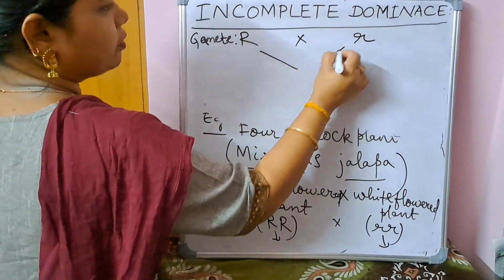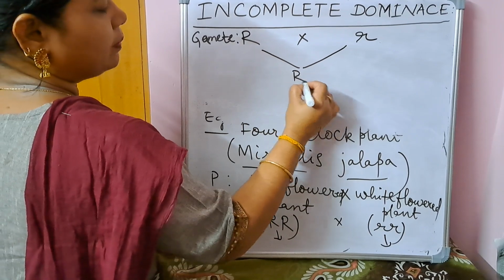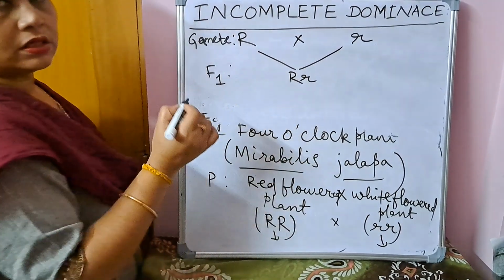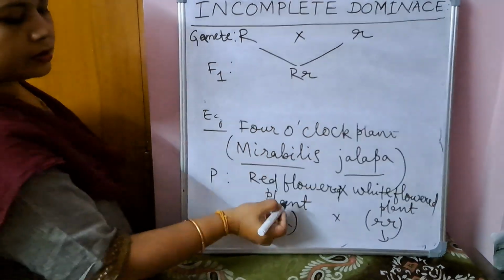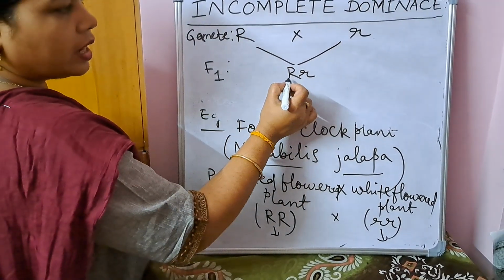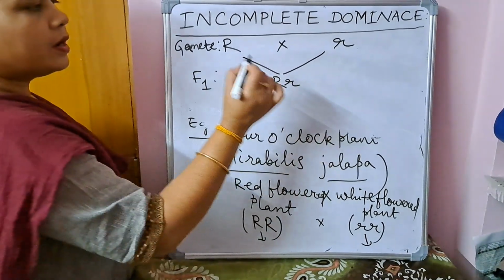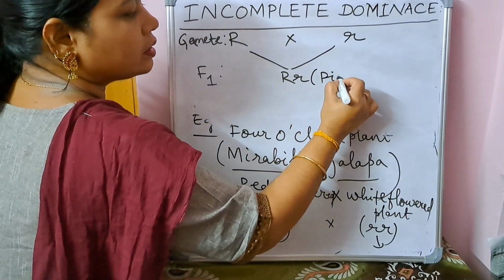Now whenever you do the crossing, it will be capital R small r. Now this is the F1 hybrid, the first filial generation after crossing the parents. Here according to the law of dominance, it should come red color, but it is coming pink color.